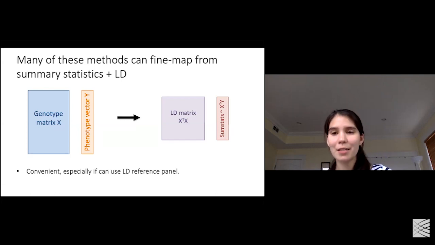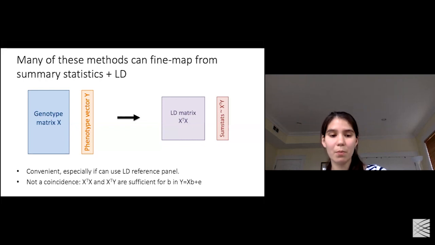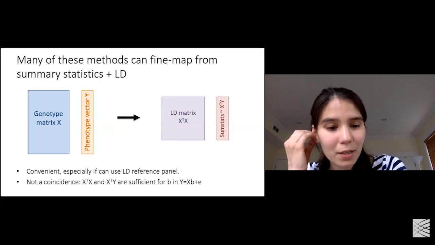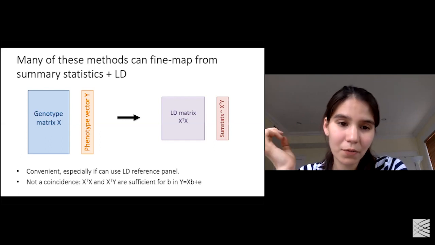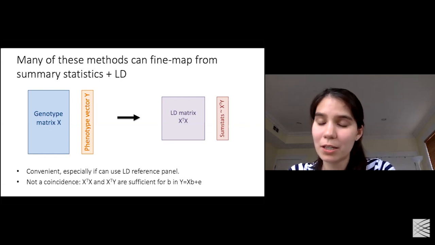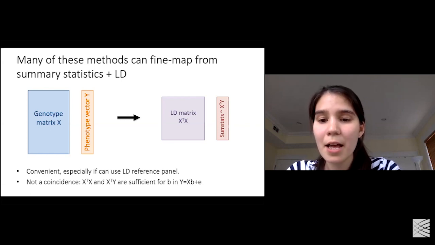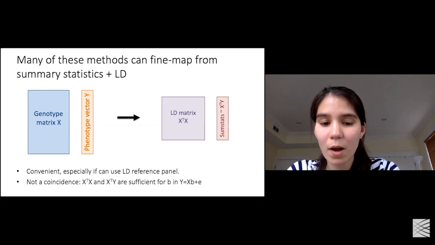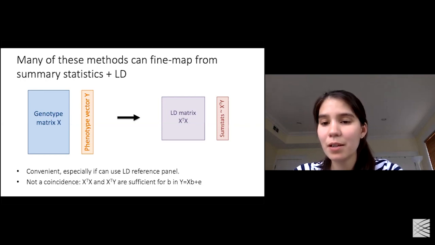I'll get into that in the next slide, but let me first point out that this isn't actually a coincidence. If we call our genotype matrix X and our phenotype vector Y, our LD matrix is then, up to normalization, proportional to X transpose X, and our summary statistics allow us to recover X transpose Y. X transpose X and X transpose Y are actually sufficient for B in the linear model that most of these methods are based on.